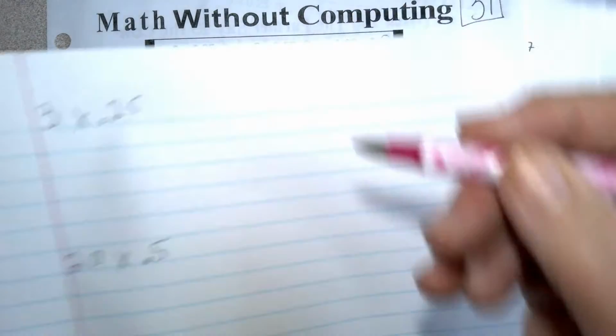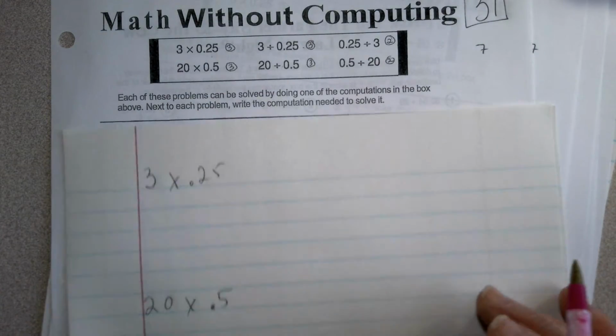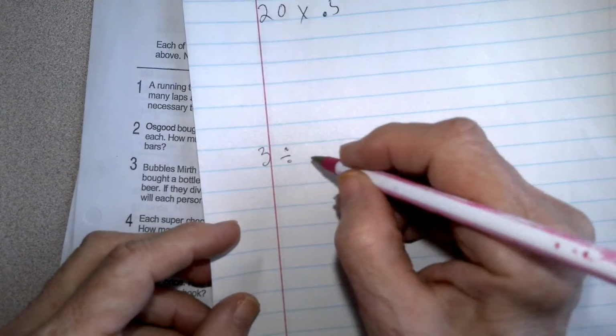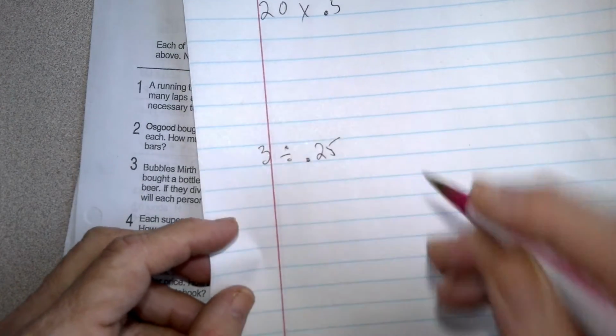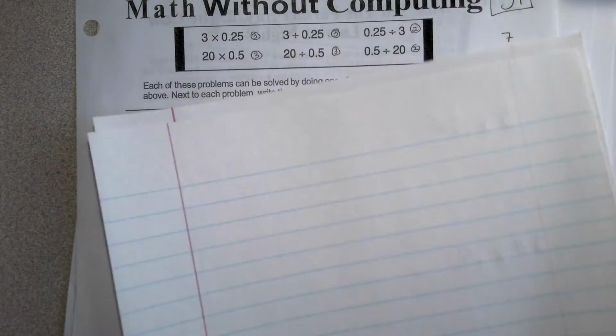Then the next one is the 3. In fact, I'll put 3 on the front and 3 on the back. 3 divided by, is it 0.25? 0.25. So again, space it out. So again, you only have to solve it 6 times.